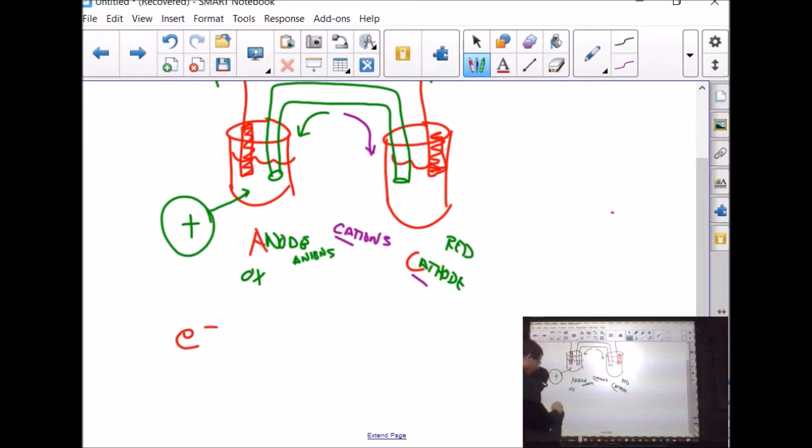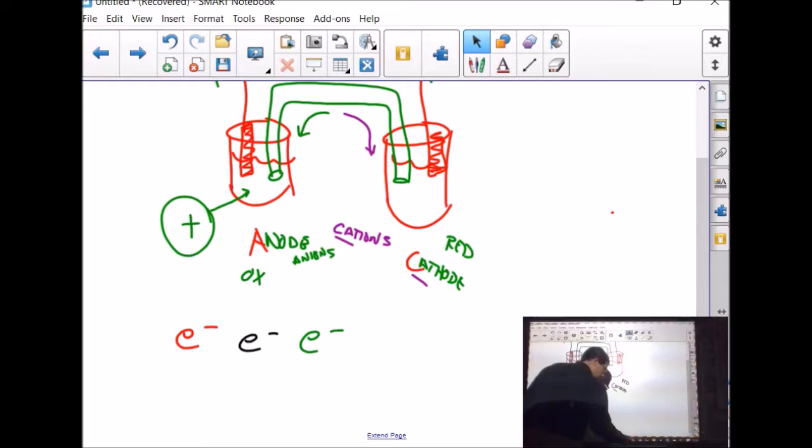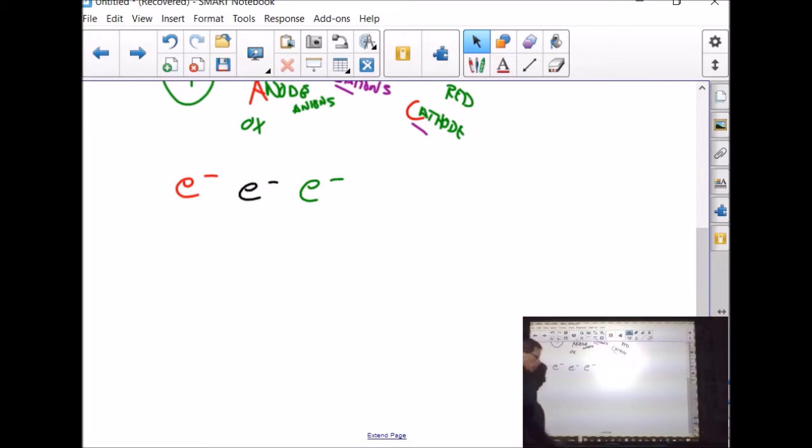So, let's say that we have our electrons. I'll give you another analogy here. So as soon as I hit the light switch, what happens to these electrons? They start to move. Do they all move at once?